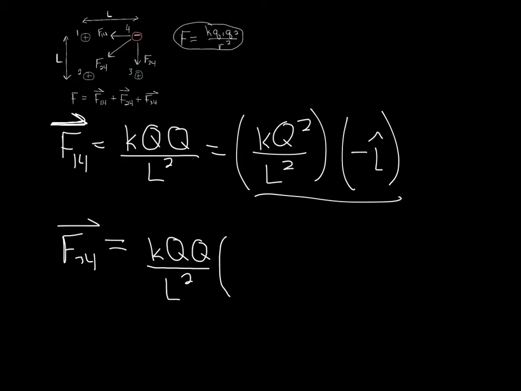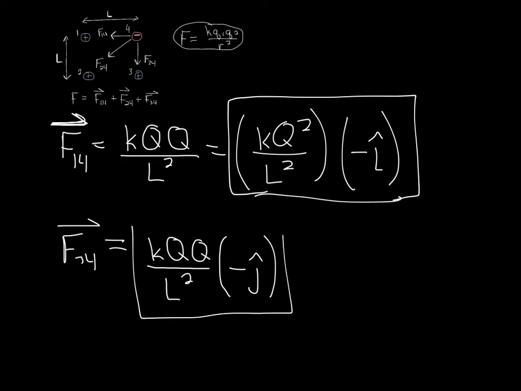And this one is going in the negative J hat direction. Again, we figure that out because the signs of these two charges are opposite, so that means they're attractive. So charge number 4 is going to go down towards charge number 3 because it's going to be attracted to it. So already we've got 2/3 of the answer written down here, F1 on 4 and F3 on 4.